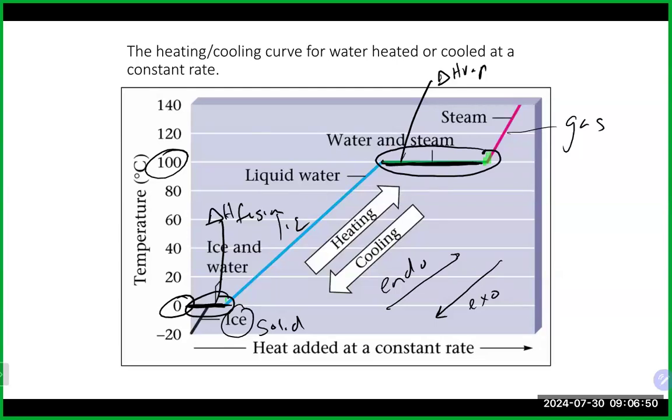When you're exactly at those points, these phases are said to be in equilibrium with each other, which means you basically have both phases happening at once. So when you talk about water at exactly 0 degrees Celsius, you have like ice crystals. You've got some solid there, you've got some liquid sort of happening. It's not until you get above 0 degrees that you fully transition into the liquid phase, and not until you get below 0 degrees that you transition into the solid phase.